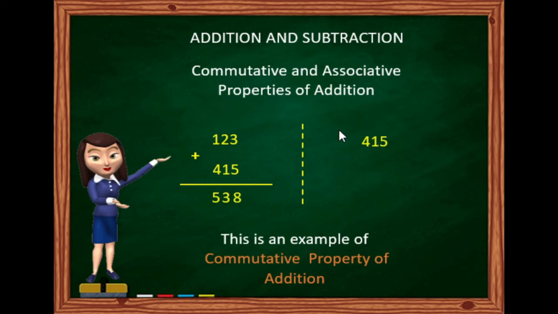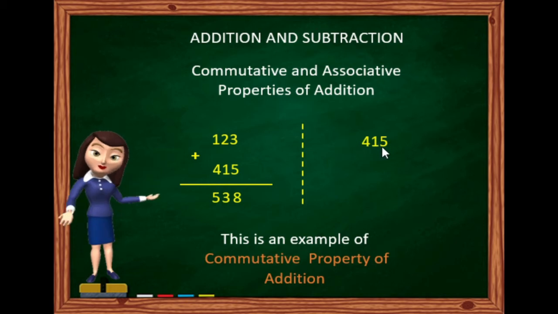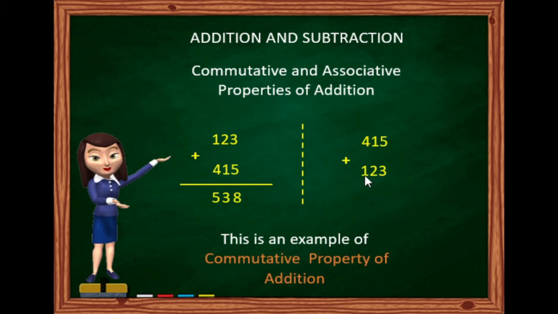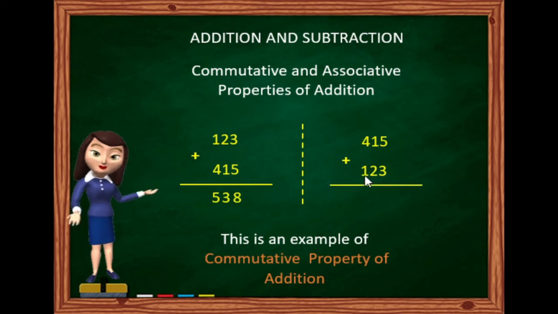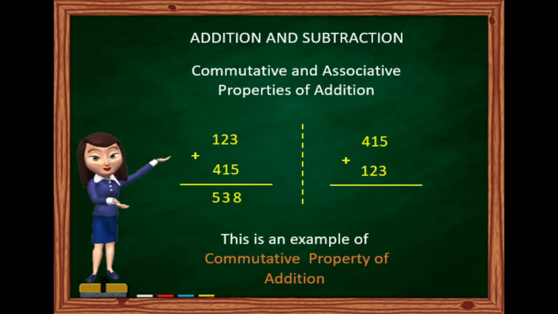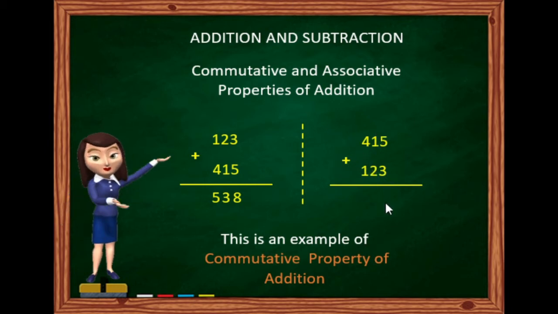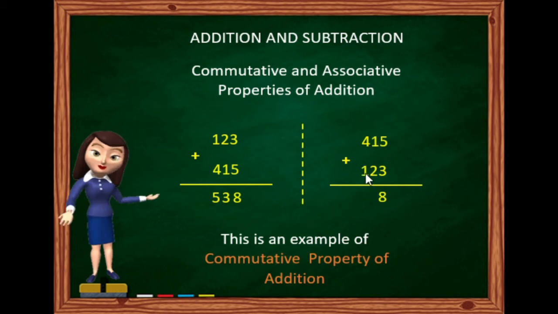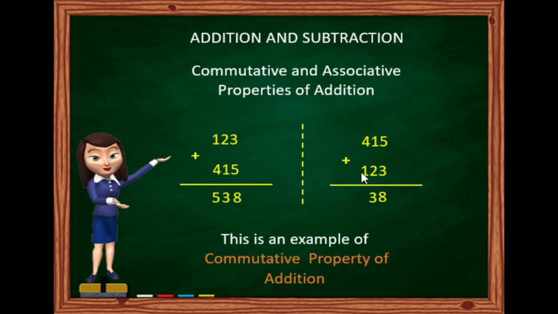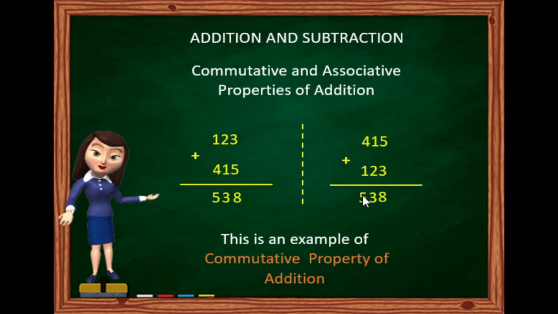Now look at the other example. We have here 415 plus 123. Let's try to see what is our sum for this equation. 5 plus 3 equals 8. 1 plus 2 equals 3. 4 plus 1 equals 5.